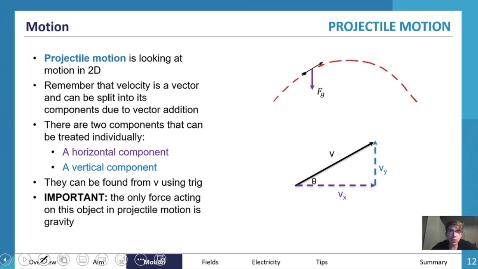Now, because there is a weight force acting on the object, and in VCE Physics we ignore air resistance, because in the vertical plane there is only one force acting on the object, it means the net force is equal to that force, right?